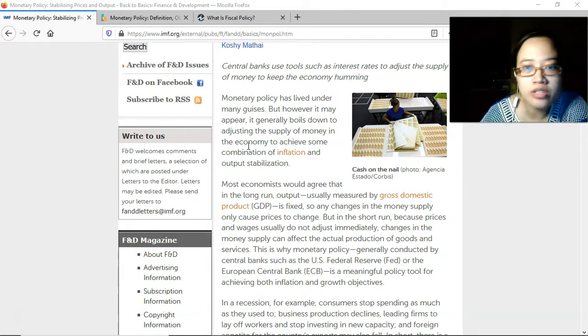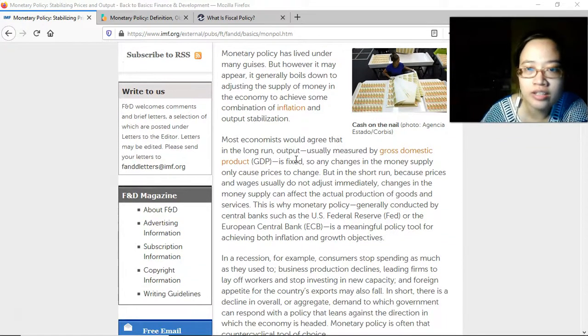Okay, most economies would agree that in the long run, output, usually measured by gross domestic product, also the measurement of economic growth, is fixed. So any changes in the money supply only cause prices to change. But in the short run, because prices and wages usually do not adjust immediately, changes in the money supply can affect the actual production of goods and services. Normally, when you increase the money supply, it's supposed to stimulate more economic activities.